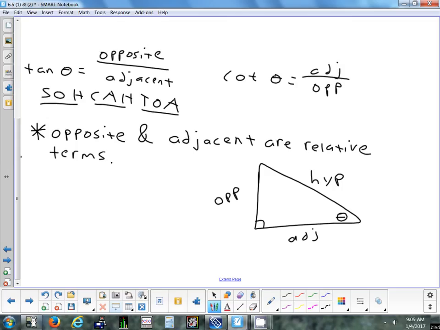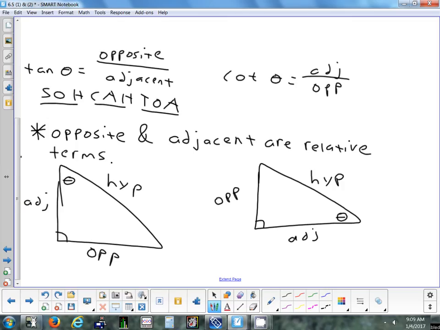It changes. If you draw your triangle, and instead you look at it from the perspective of this angle, it's like you're standing in a different spot. Opposite is the side that's furthest away. Adjacent is the side that's next to you. That's not the hypotenuse. So, any questions on how opposite and adjacent can switch places?